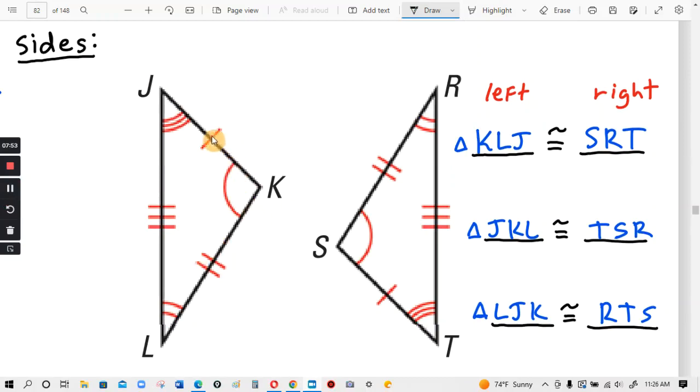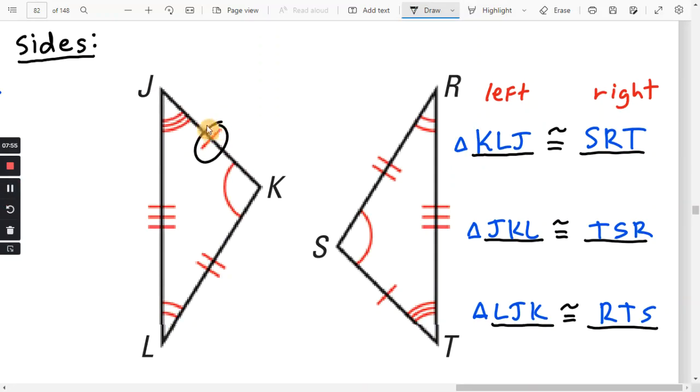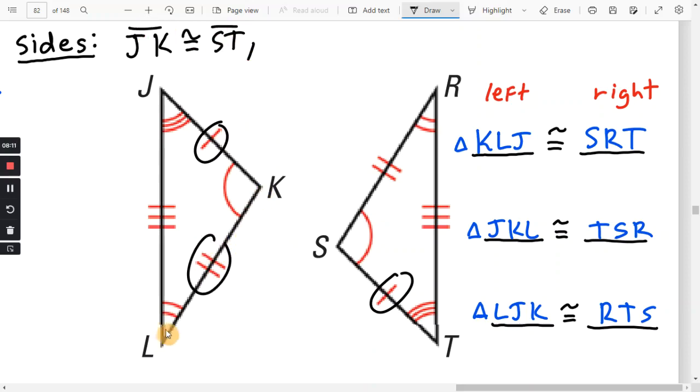The ones with 1 mark, this one right here is JK, and on this triangle, 1 mark, ST. So JK is going to match ST. Those are both congruent. Now the ones with 2, right here you have KL, and right here you have RS.